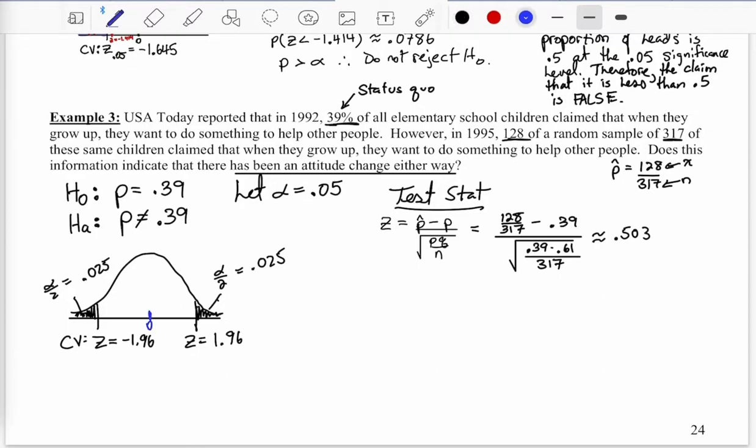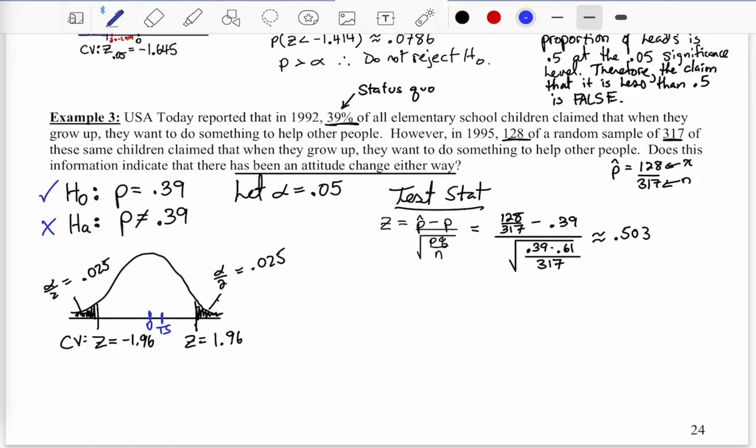If you know that 1.96 is roughly 2, 0.5 is going to be about a quarter of that, so a quarter of the distance between 0 and 1.96 roughly. That's going to put my test statistic here. I'll label that TS for test statistic. That's not in the shaded rejection region, so I would not reject the null hypothesis. So I'd hang on to the null, ditch the alternative.